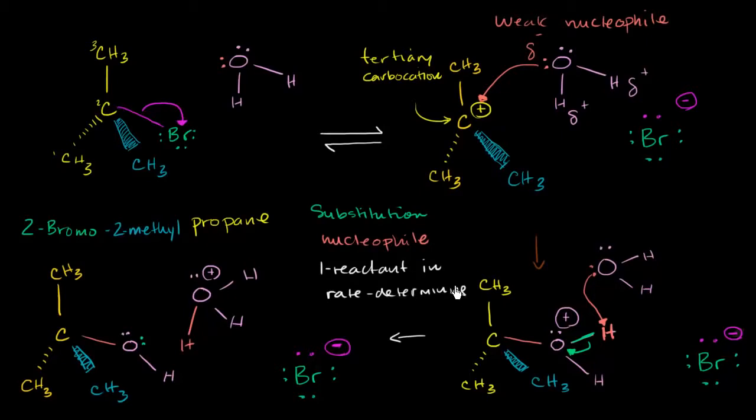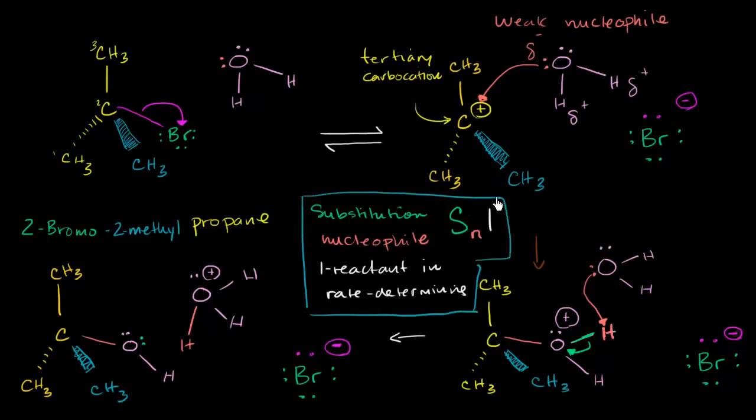In this case, it was the bromo group. So you might guess what we're going to call it. It's substitution involving a nucleophile, so nucleophilic substitution, and only one reactant is involved in the rate determining step. So this whole reaction that we've now drawn is an SN1 reaction.